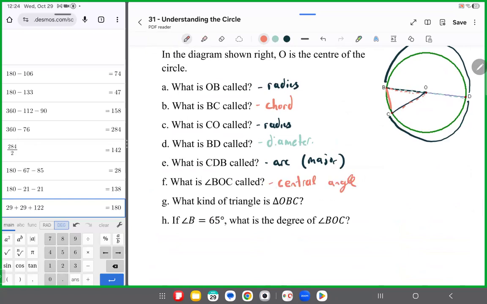What kind of triangle is OBC? Well, we know that OB is a radius R, OC is a radius R, which means that this is going to be an isosceles triangle.